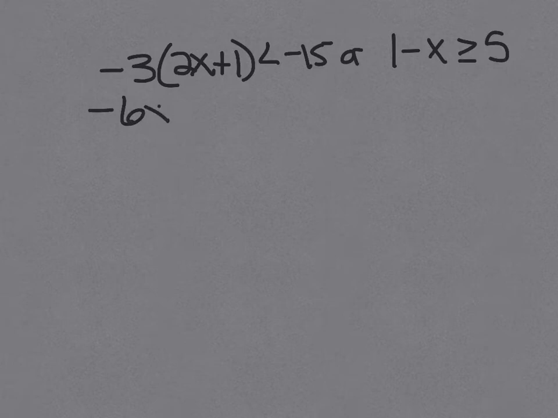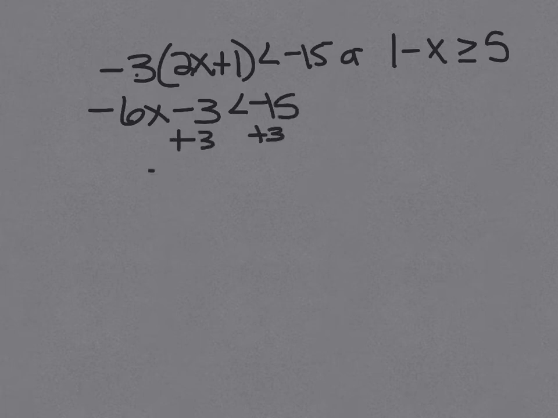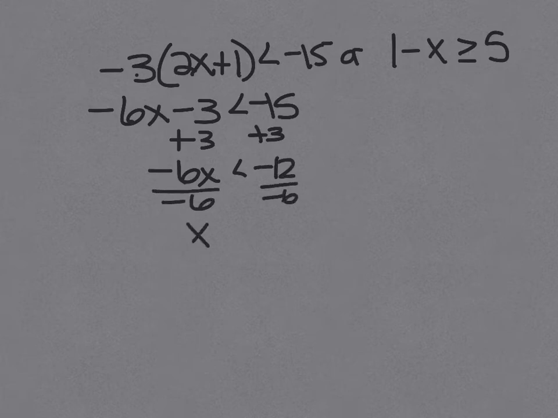Negative 6x, negative 3 times 1 is negative 3, is less than negative 15. And then we're going to add 3. So negative 6x is less than negative 12. Divide by negative 6. So x is less than 2.